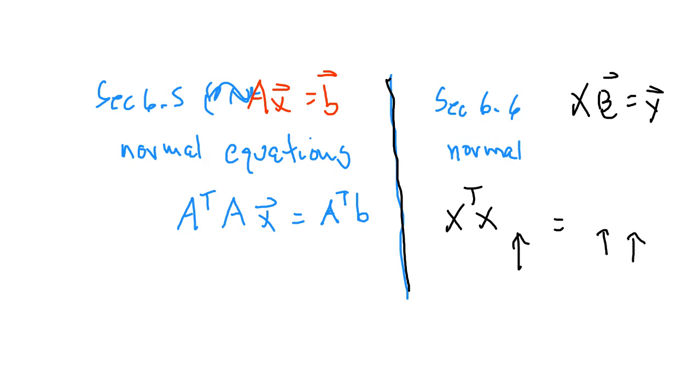Can you tell me what's going to go here? X transpose X times, what vector is going to go there? That's right, Mikhail, vector beta, Greek symbol beta, equals, okay.